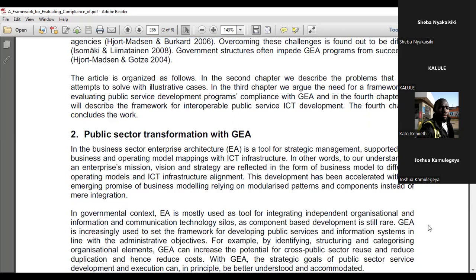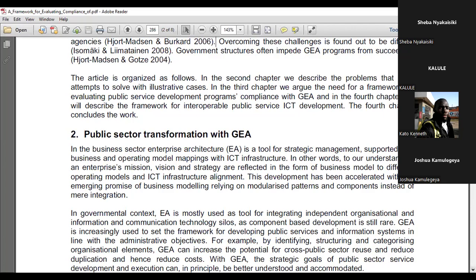Now, let's say someone was doing research in the field of ICT, and I found this framework. What I would do is come and implement that framework and either validate it to say whether the same things exist in Uganda or not, or propose changes to it to suit Uganda.